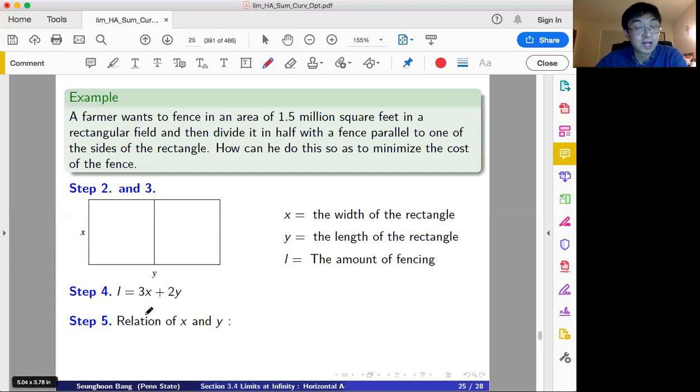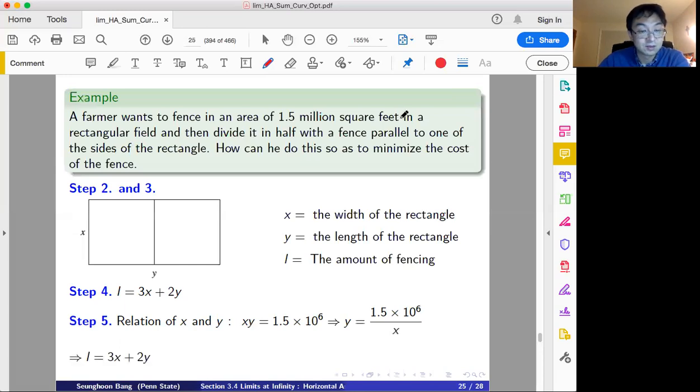How can you find it? We can use the area of the rectangular field. Area is 1.5 million square feet. So we have x times y is 1.5 times 10 to the 6. You can divide by x, and y equals 1.5 times 10 to the 6 over x.